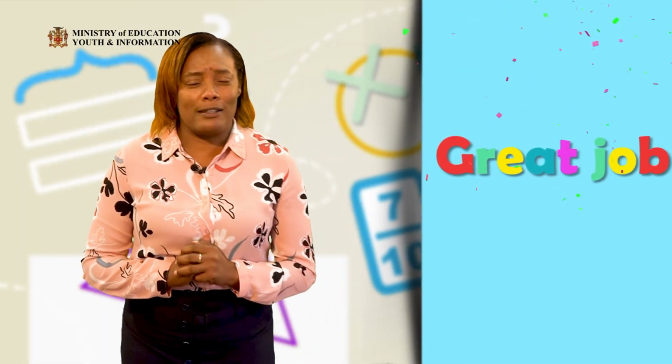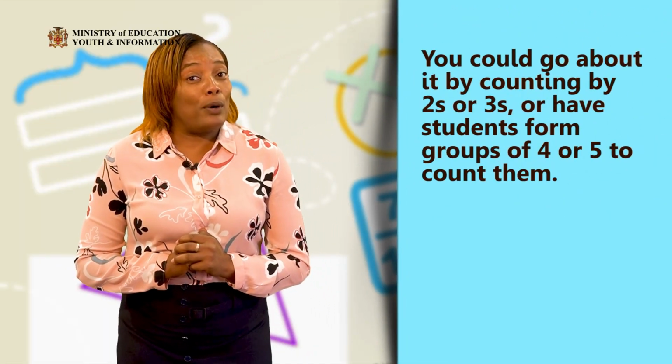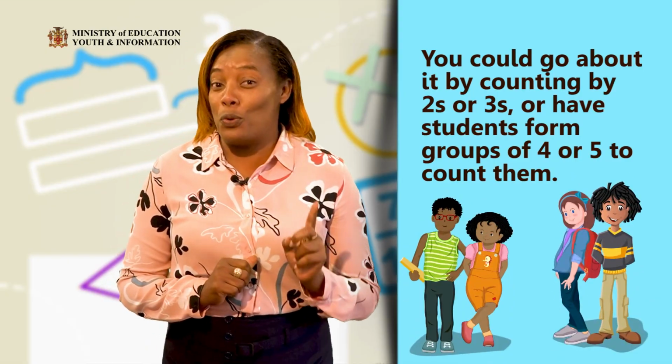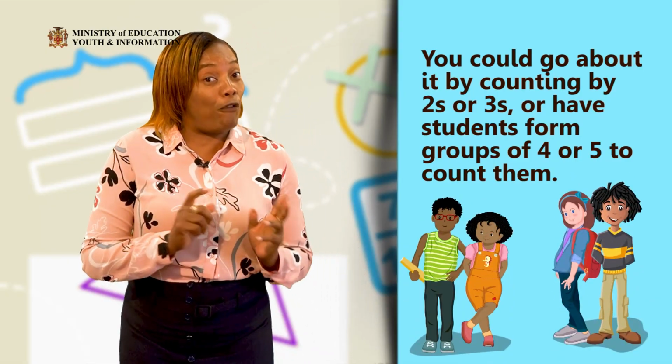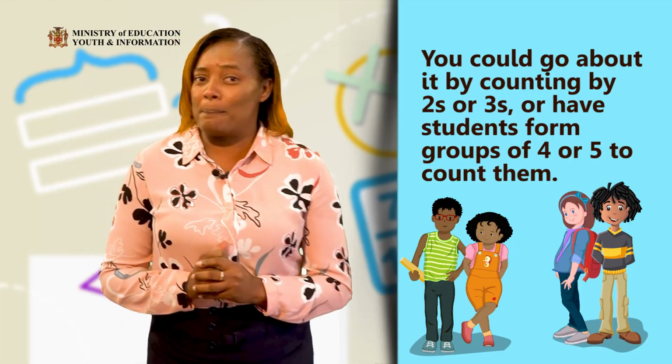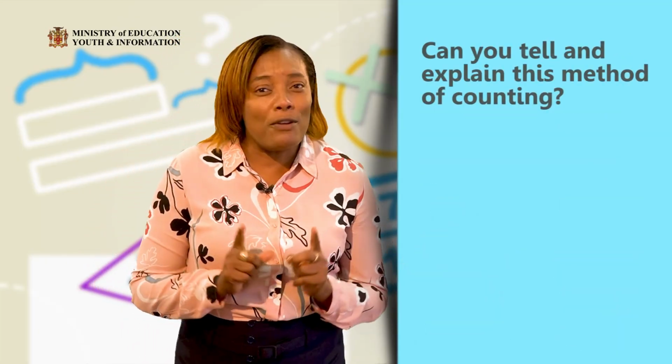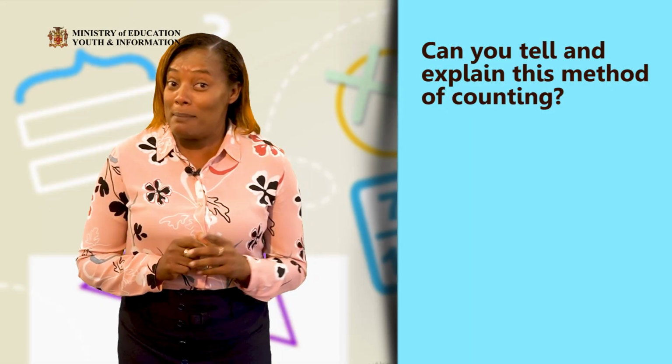Great job, boys and girls. You could go about it by counting by twos or threes, or have students form groups of 4 or 5 to count them. Can anyone tell and explain this method of counting?